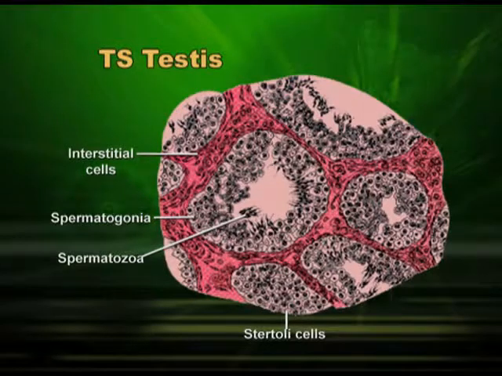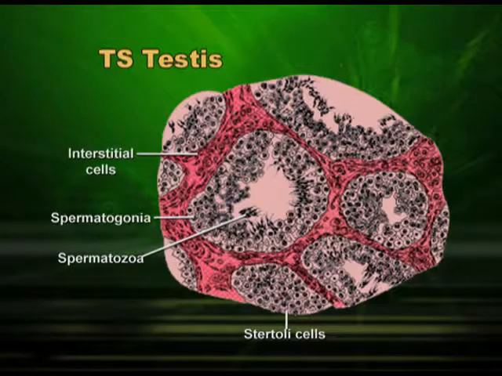Going back to the seminiferous tubule, these spermatogonia are arranged near the outer periphery of the seminiferous tubule, towards the inside of the outer membrane. They undergo the meiotic division and go on dividing till they form the sperm.